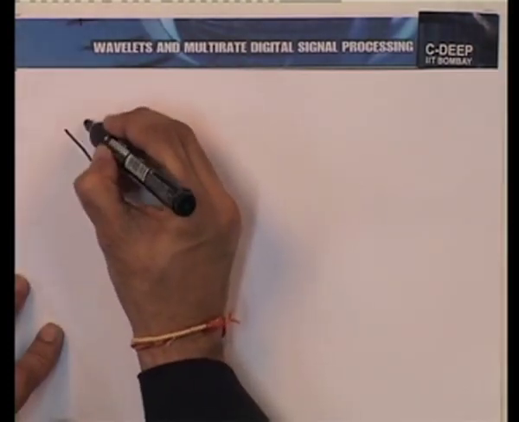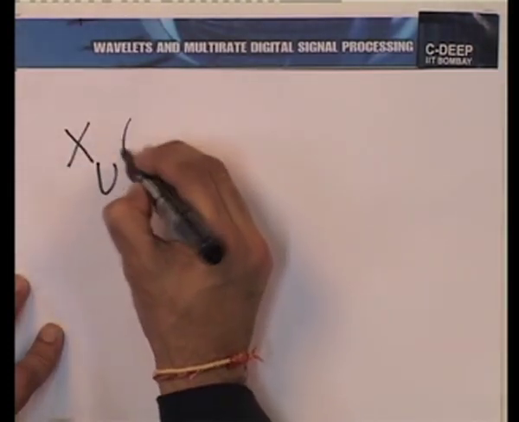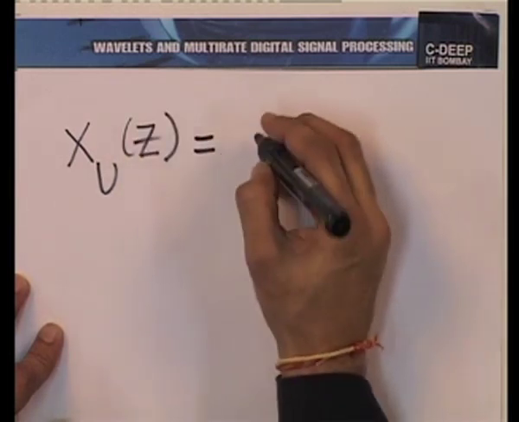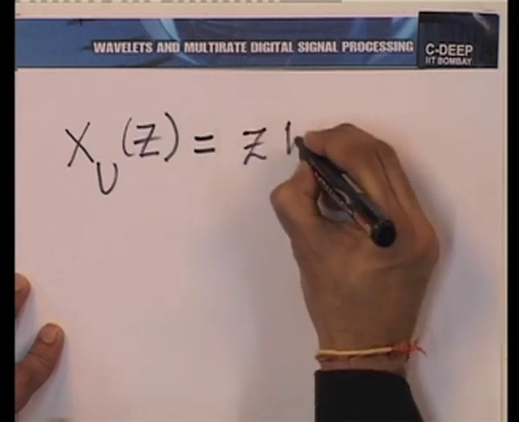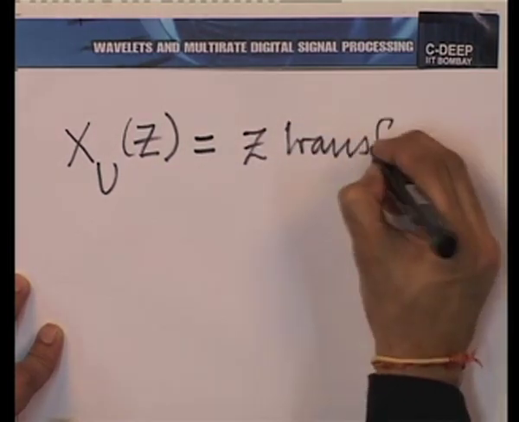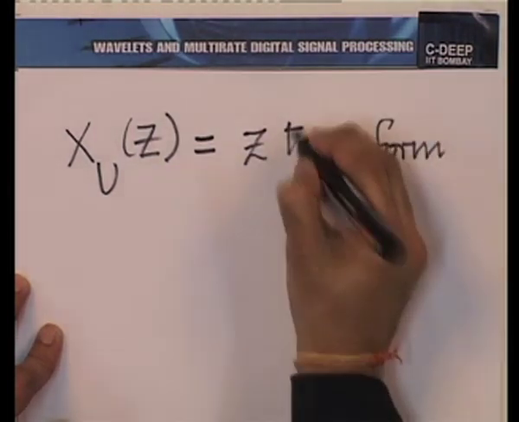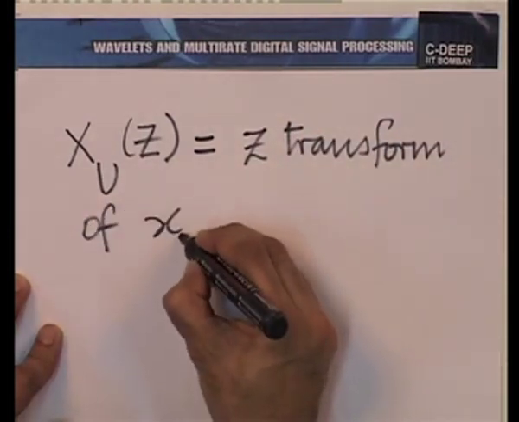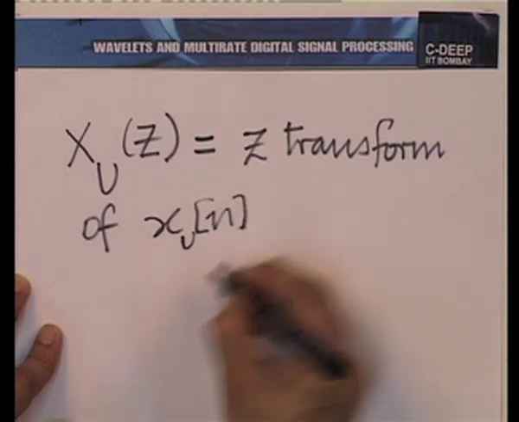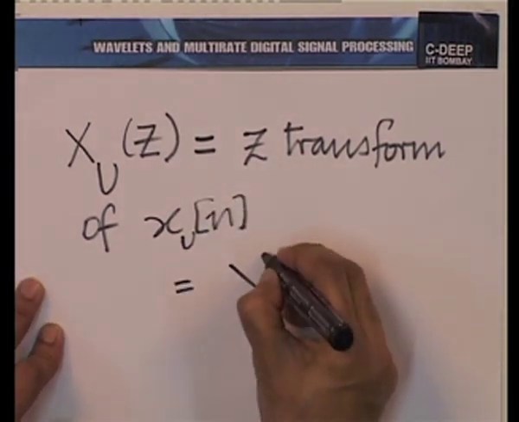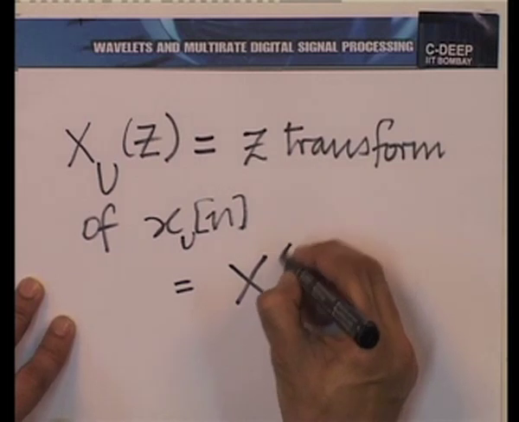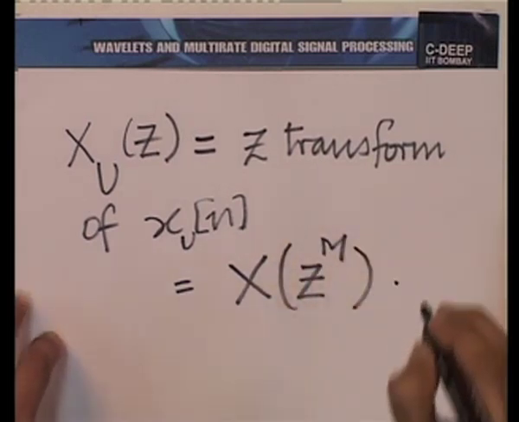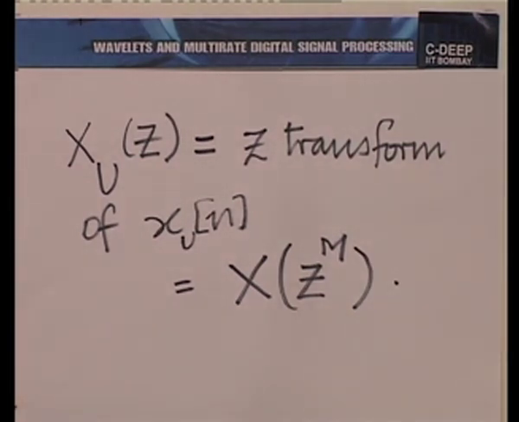Indeed, the Z transform of the sequence x_u[n], namely capital X_u(z), is the Z transform of the sequence x with z replaced by z raised to the power M. Simple.